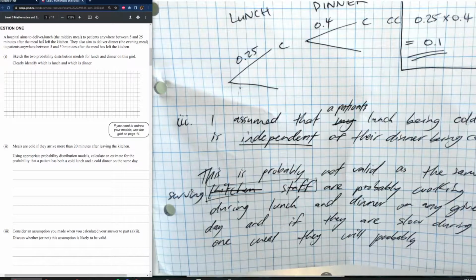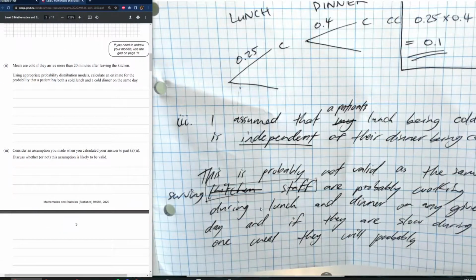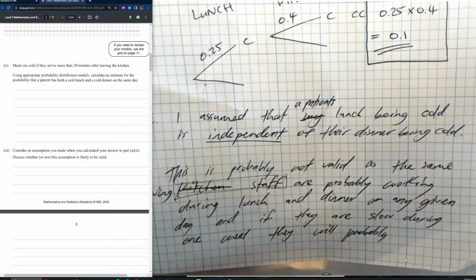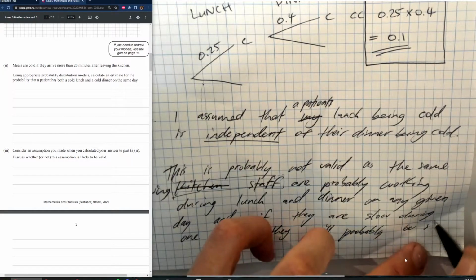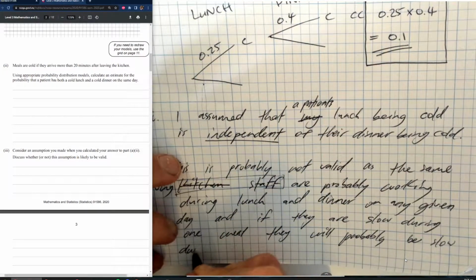So it's the delivery we're looking at. So I'm going to go with serving staff. Yeah. They will probably be slow during the other.